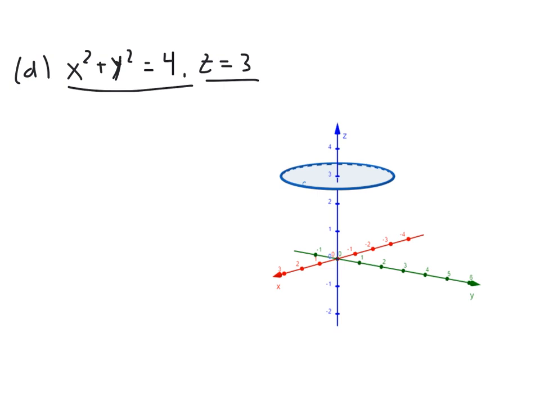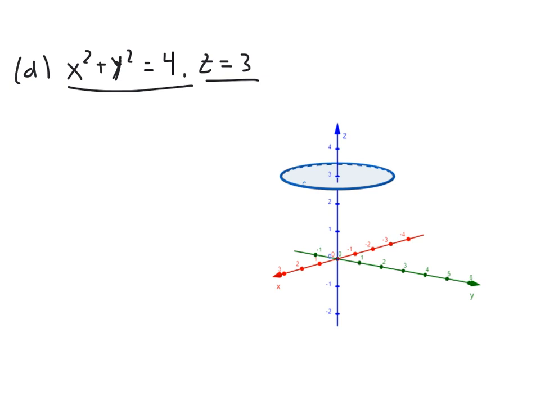Now, in all of these 4 pictures, and a couple of times I've explicitly said it, it's really hard to see these without being able to move the screen around and look at it from different angles. So on the course webpage, I am going to post the same GeoGebra applet that I used to graph these 4 regions. And if you want, you can open them up and play around with them. You can look around from different angles.